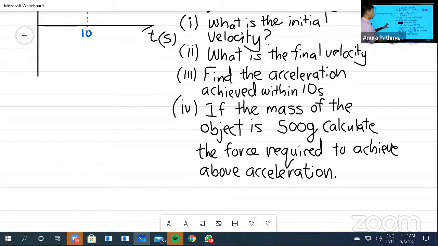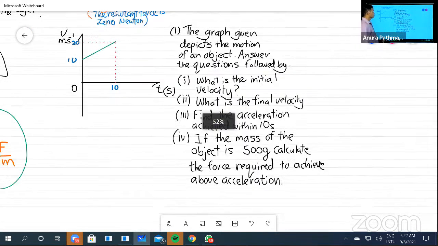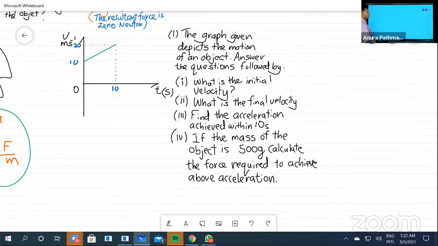So these are the questions that I'm going to refer to this graph and then try to answer. I will give you a little time and try your best to find the answers for them if you like to have it. Or should I discuss that one?